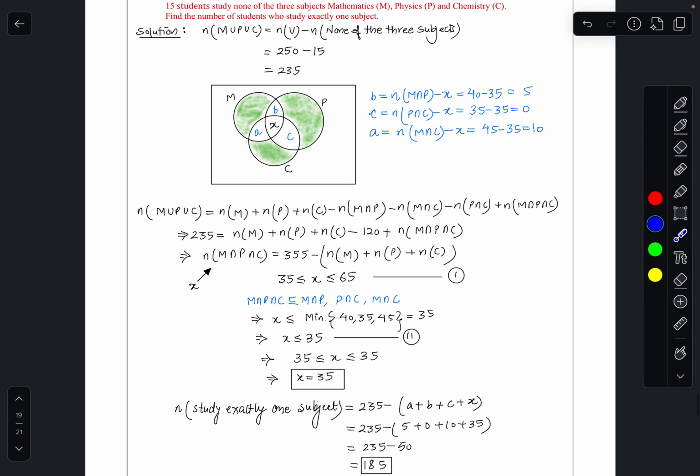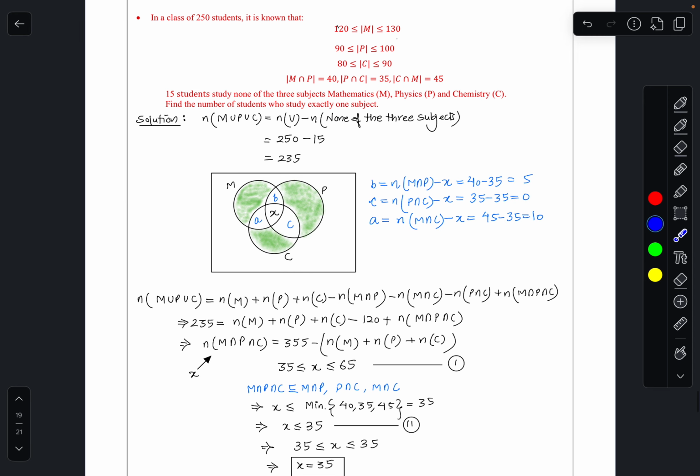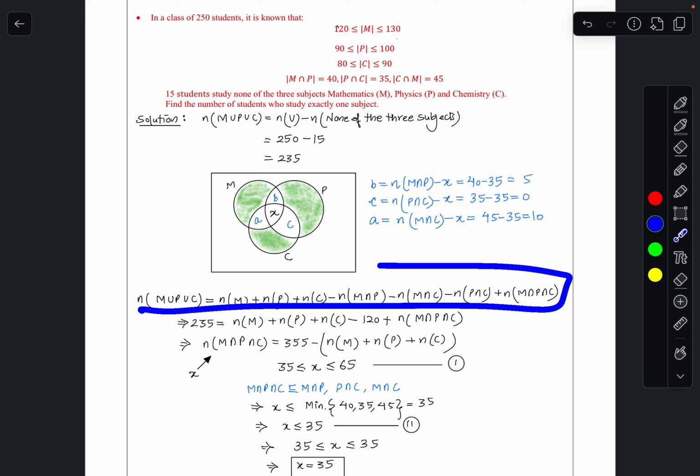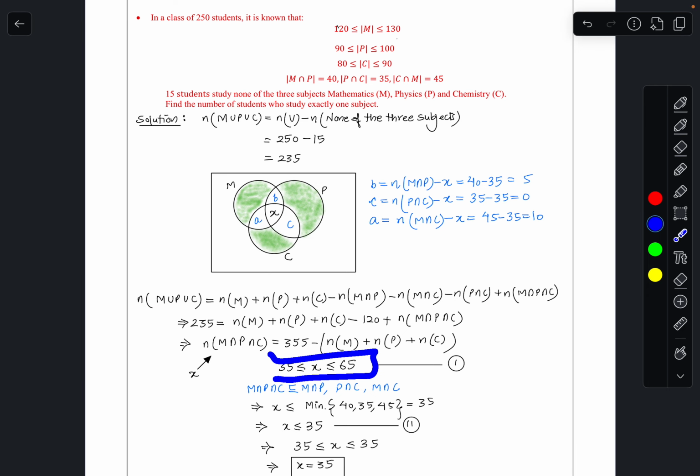So what we did is we identified the number of elements in the union first. Then we were supposed to find the number of people who study exactly one subject. So I marked the region, and then I went about seeing what could be done with the X that I have here. Using this relation, I got one bound on X. X is supposed to be greater than or equal to 35, less than or equal to 65. These 35 and 65 are coming out of the bounds here.